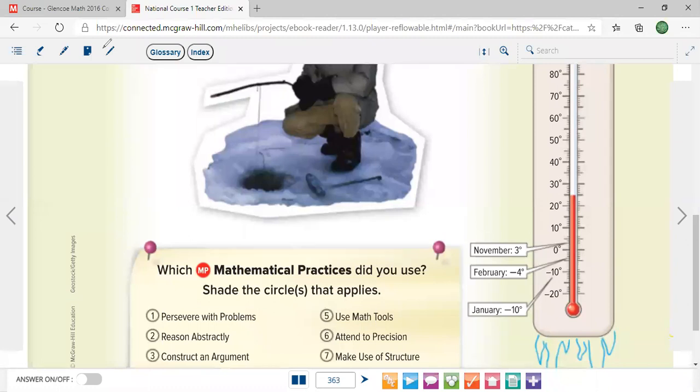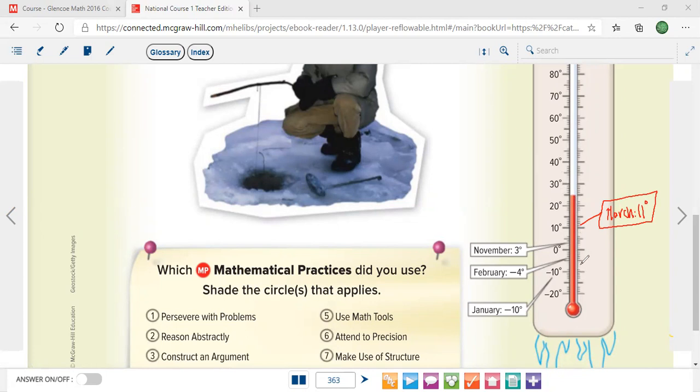So what are you going to do? This is 0, this is 10, so 11 will be here. For example, you make a line like this, and then you make a label, and you say this is March, which is 11 degrees. And now for December, negative means below the zero.